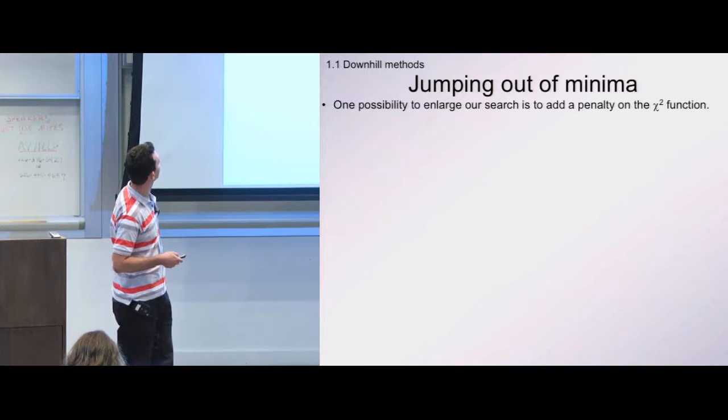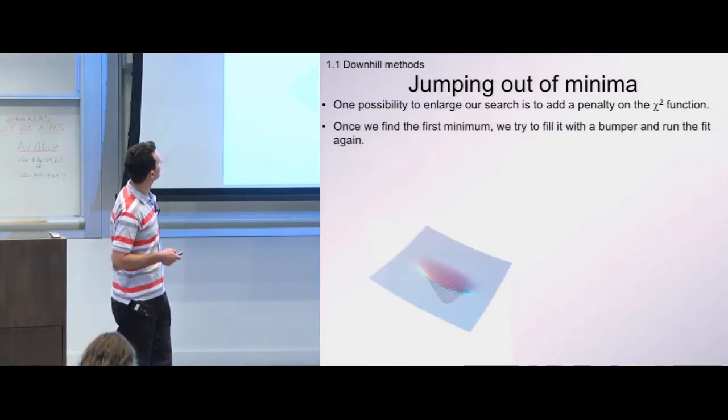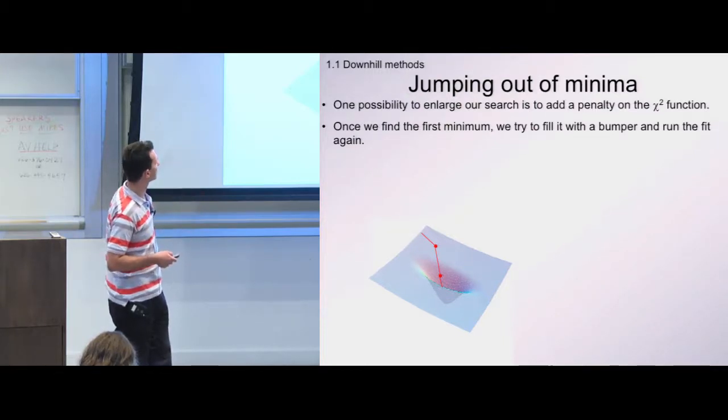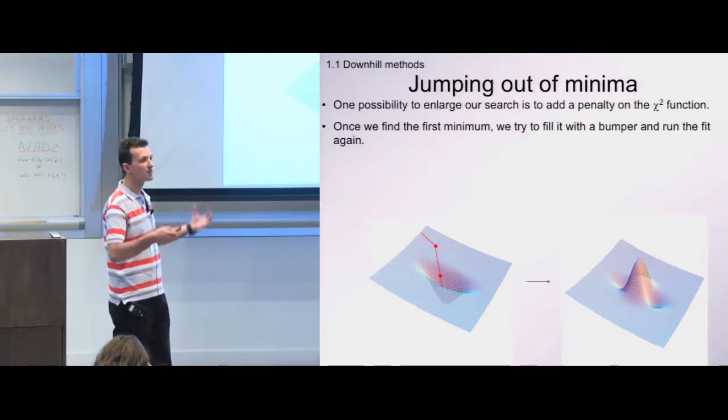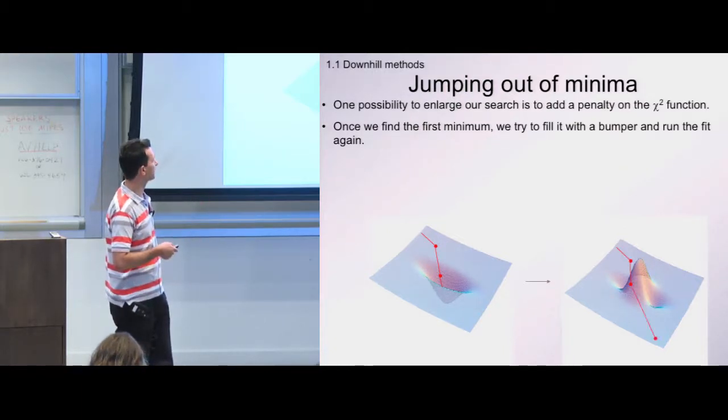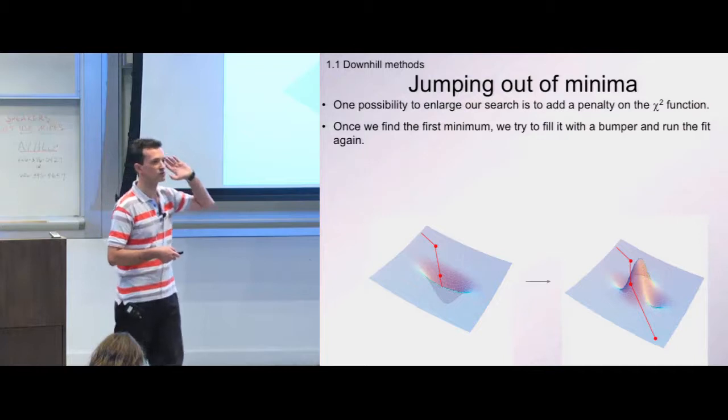So actually, there are some tricks in order to exit from a minimum. So this is one trick I implemented in my code. Once you get stuck in a local minimum, what you can do is add a penalty function to the chi-square. So you modify the chi-square by adding this penalty function. In this case, the minimum is filled up, and so if you run the algorithm again, it will possibly move to another minimum.